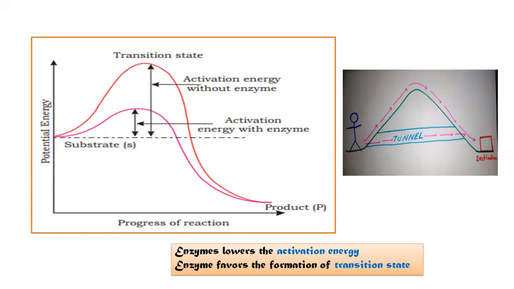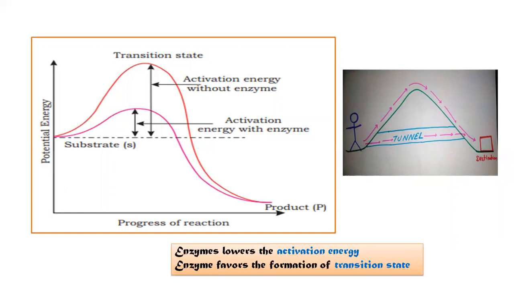For example, concentrate on the other image present on the right side. There is a man who wants to reach his destination. There are two ways. First, he has to climb the hill and then he will reach the destination. During this journey, he will require more energy.